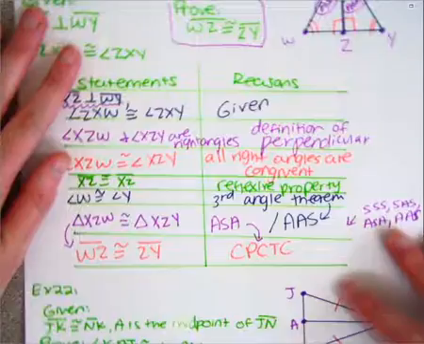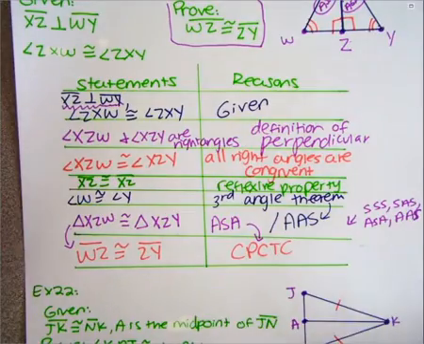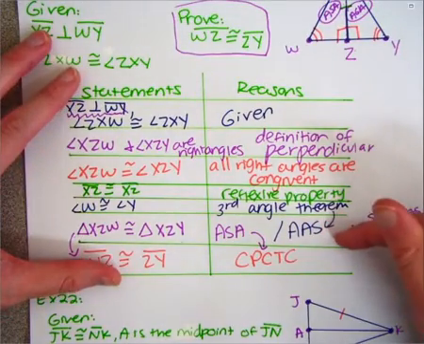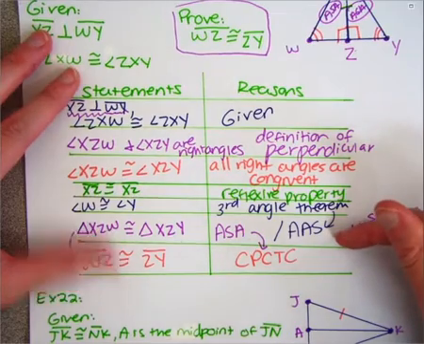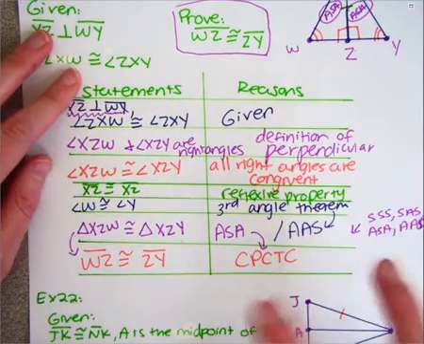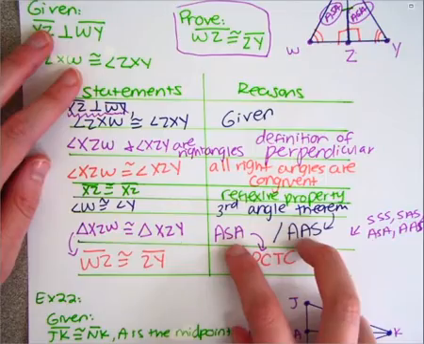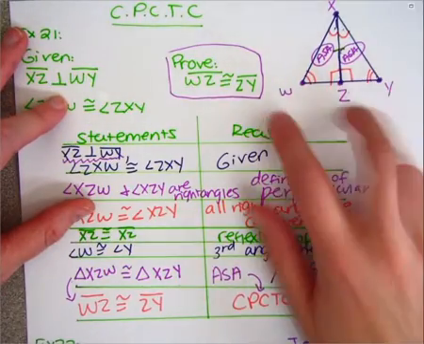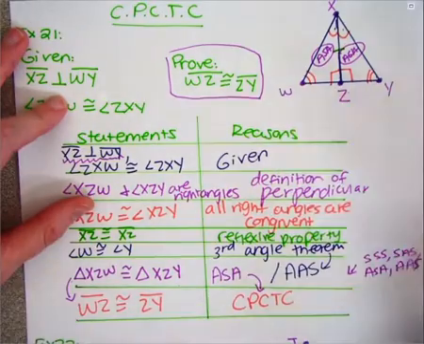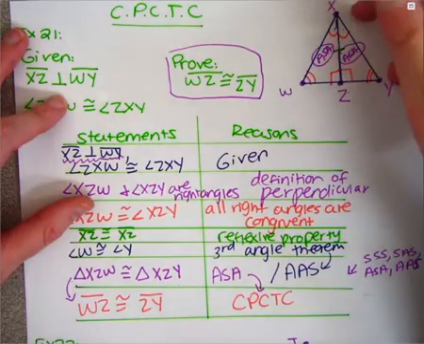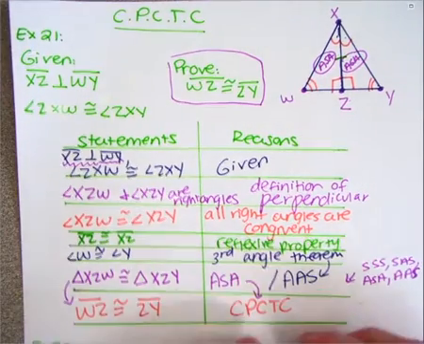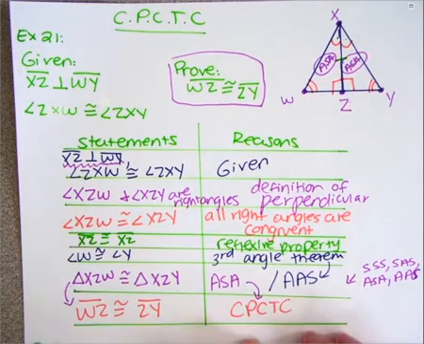Again, I just want to show you all the possibilities. By the third angle theorem, you could also show triangles are congruent by angle, angle, side. And since we proved that the two triangles are definitely congruent, my remaining sides and angles, so WZ and ZY, I could also say WX and XY, now have to be congruent because triangles are congruent. And that reason is CPCTC.